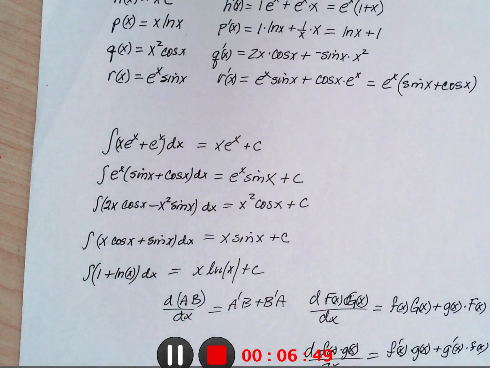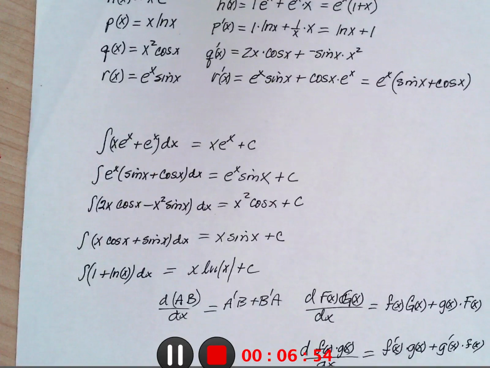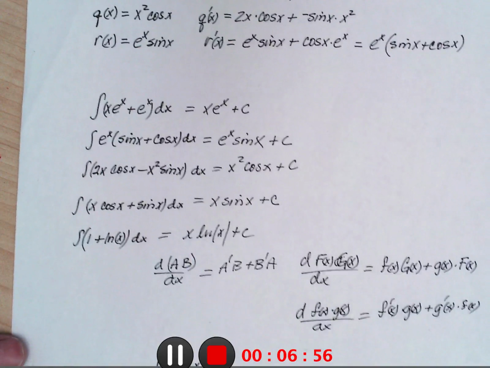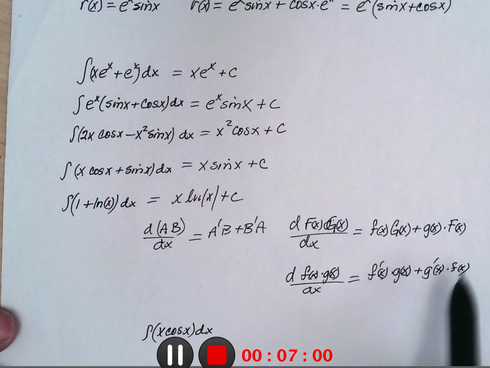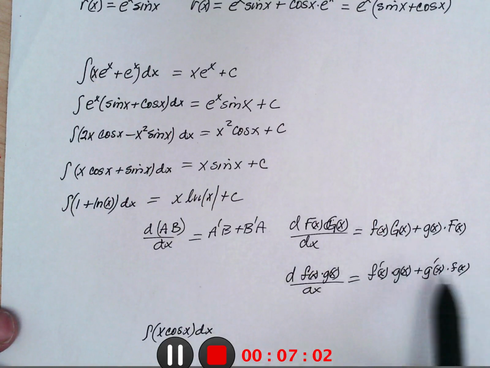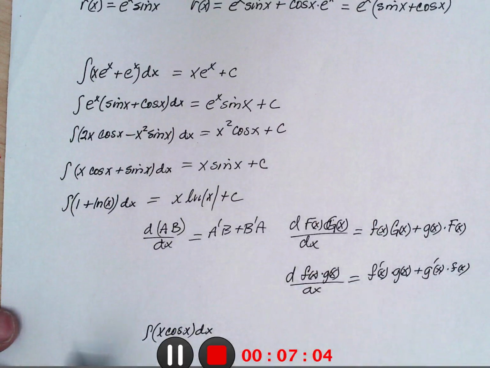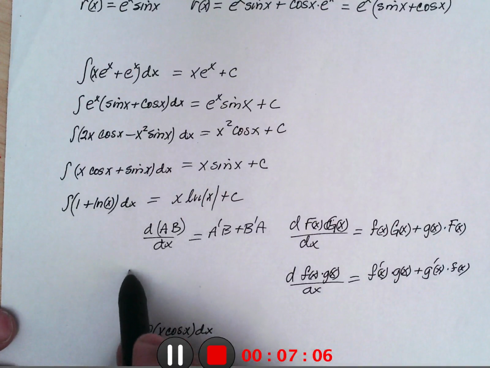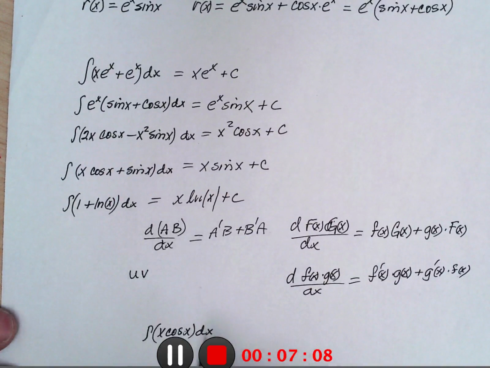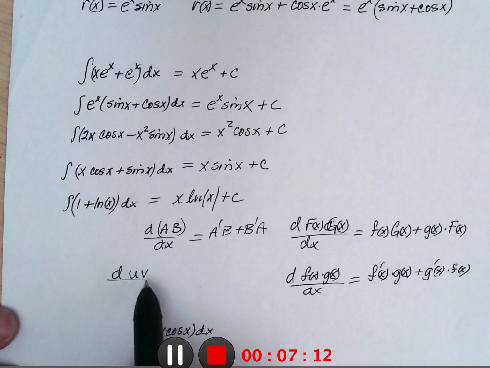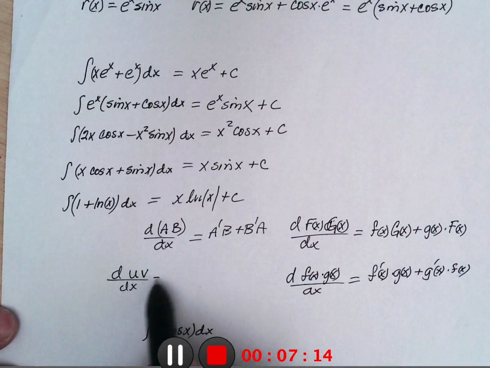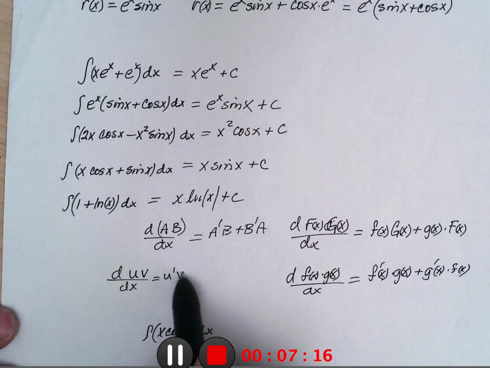Any one of those works, but it's real typical for text to use not A, B, B, A, or F, G, G, F, or same here. They like to use U and V. So the derivative of UV dx would be U prime V plus V prime U.